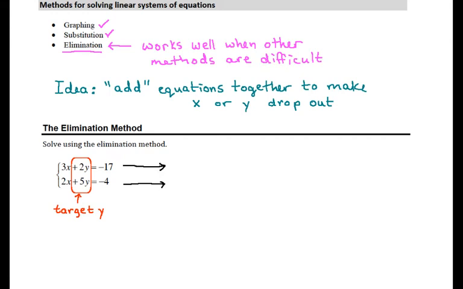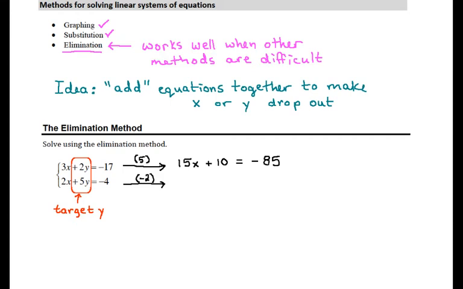I can see that if instead of 2y and 5y, I had 10y and negative 10y, then they would drop out. And I can get that by multiplying the top equation by 5 and the bottom equation by negative 2. Multiplying every term in the first equation by 5 gets me 15x plus 10y equals, then negative 17 times 5 is negative 85.